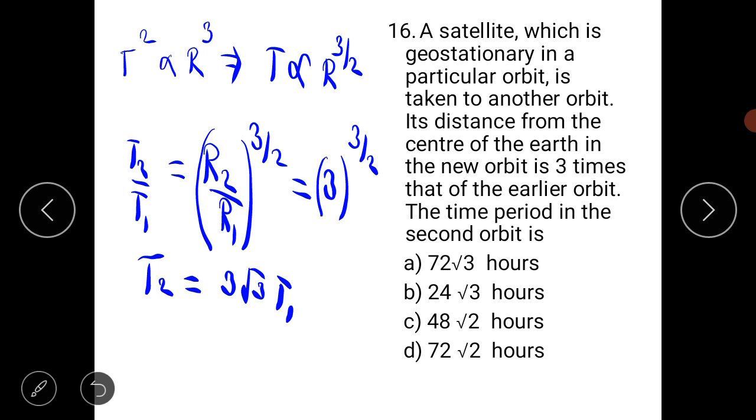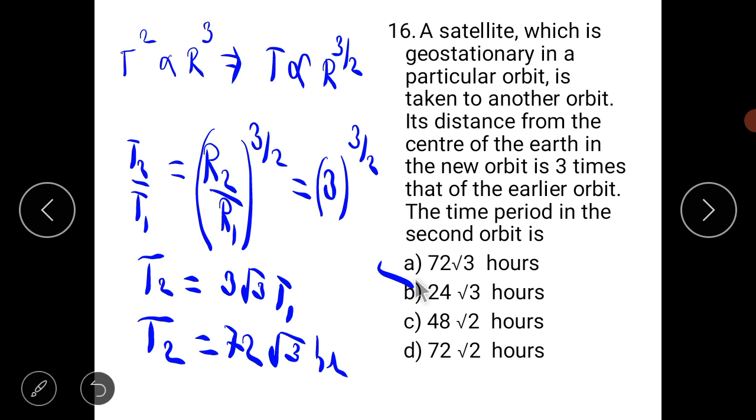In that question, a satellite which is geostationary means T1 is 24. So 24 into 3 is 72. So 72 root 3 is the answer. T2 equals 72 root 3 hours.